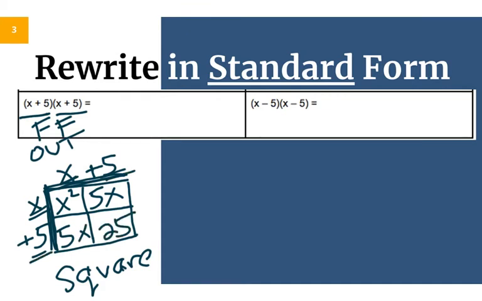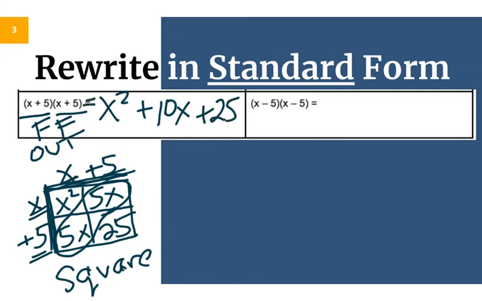All right, so I've got x squared plus 10x, right? I've got 5x plus another 5x plus 25. And again, these two are equal. They're just different forms. This is standard form, which means it is inside.